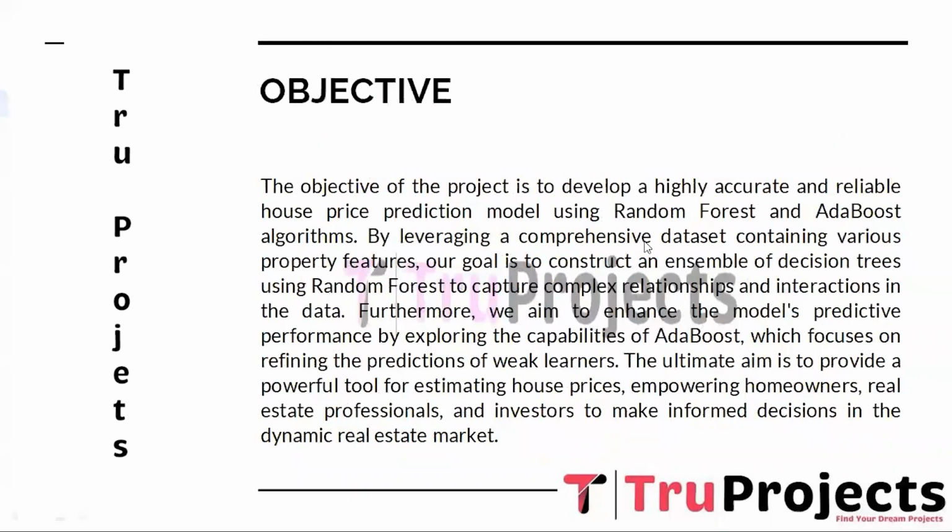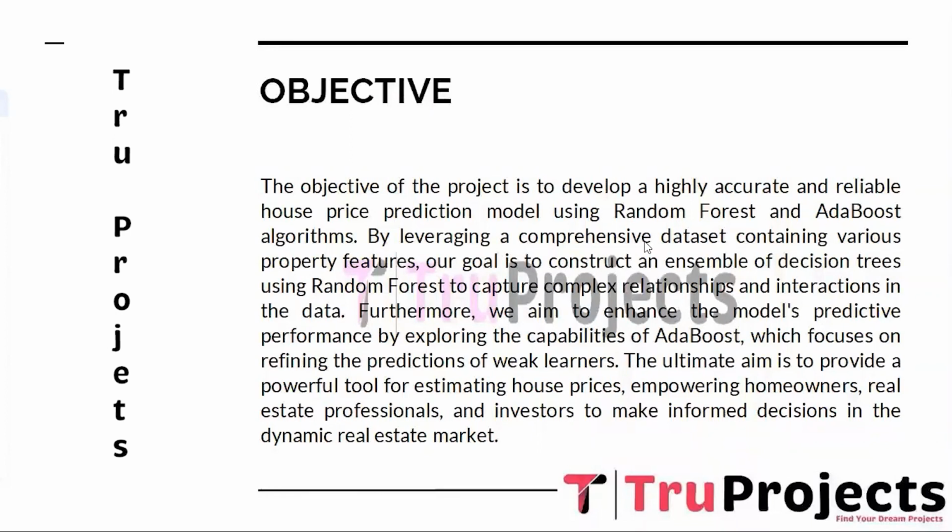The project aim is to create a precise and dependable house price prediction model utilizing the random forest and AdaBoost algorithms. Leveraging a comprehensive dataset with diverse property features, the objective is to construct an ensemble of decision trees through random forest, effectively capturing the intricate relationships within the data.